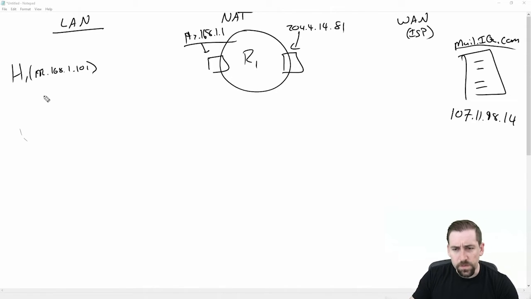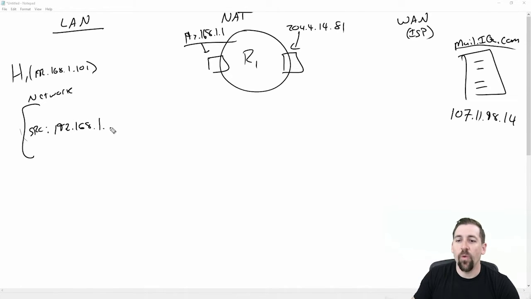So what happens when H1 tries to communicate to mail.iq.com? We have a network header, and that header has a source IP address where it's coming from, 192.168.1.101, and a destination IP address, 107.11.98.14.